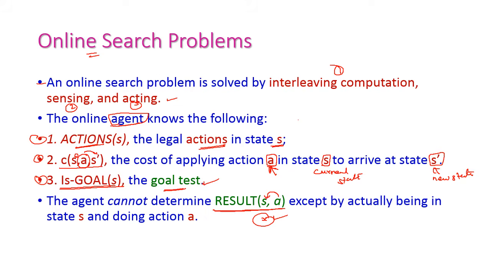By using experience only will the agent know these things, except by actually being in state S and doing action A. That is, after performing action A on the current state only, the agent can know which will be the next state. Previously it cannot define the result of S, A.